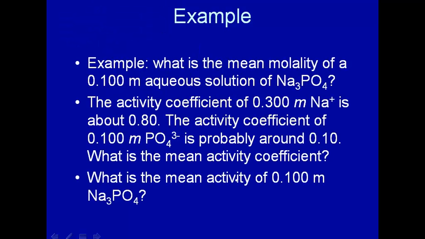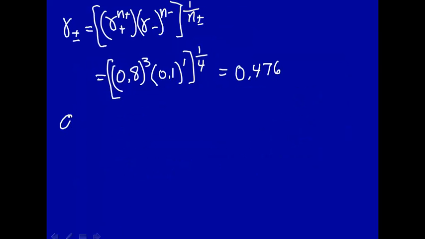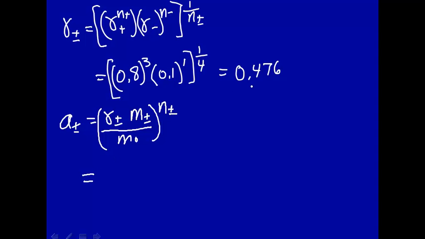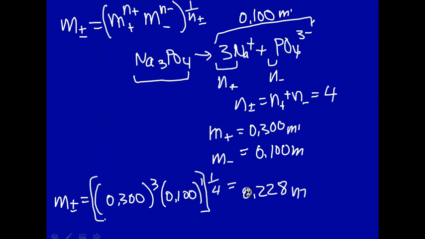And finally, let's calculate the mean activity. The mean activity, a plus minus, is equal to gamma plus minus, which we calculated, times the mean molality divided by m0, raised to the n plus minus. Gamma plus minus is 0.476. Average molality, 0.228.